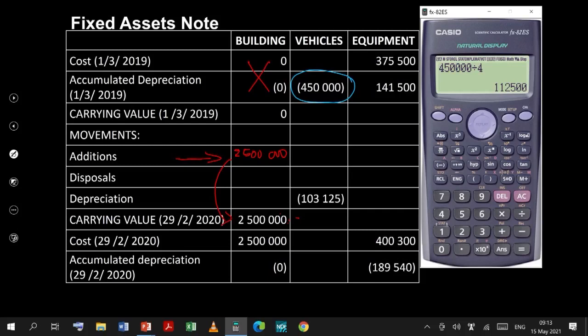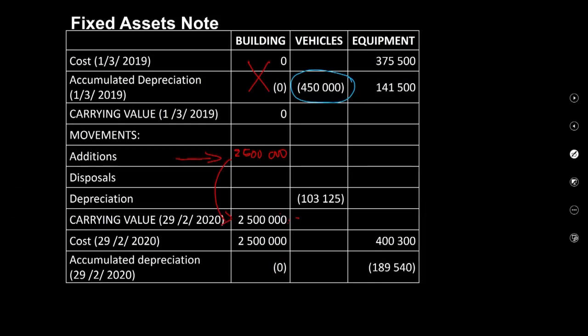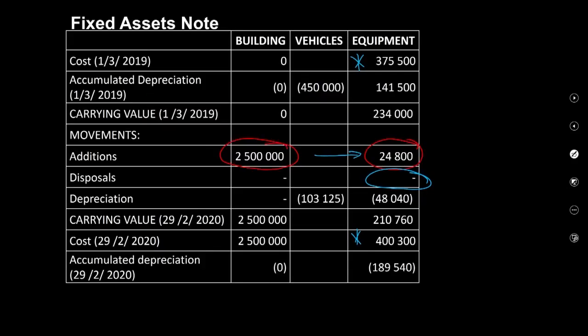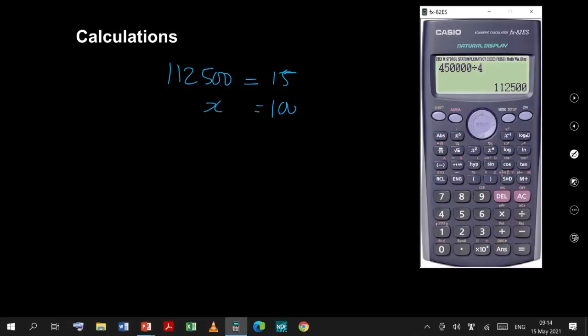Now that I have that, what would I do? I take this into consideration: 112,500 is equal to 15%, 100% is equal to my unknown. Let's solve that equation. Here we go. So what do we say?